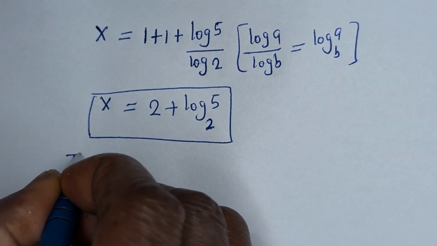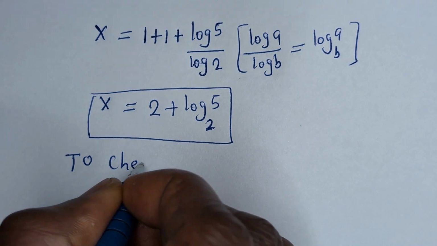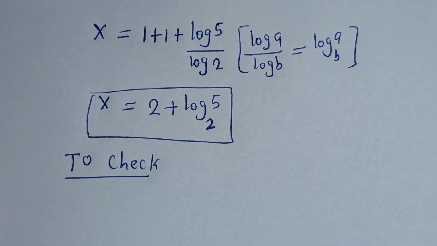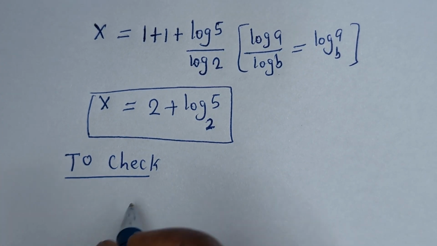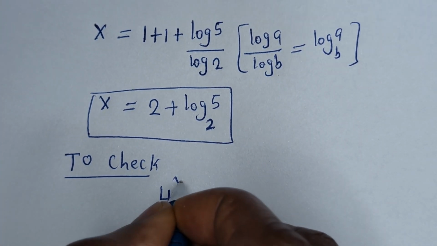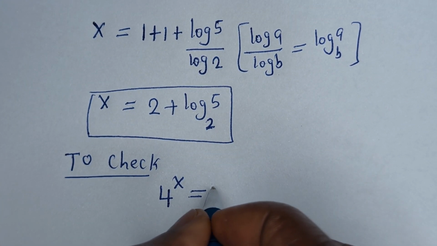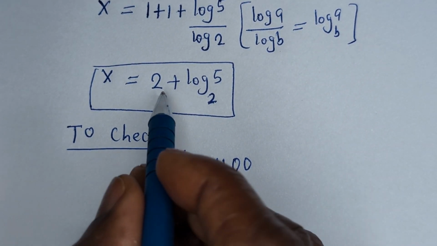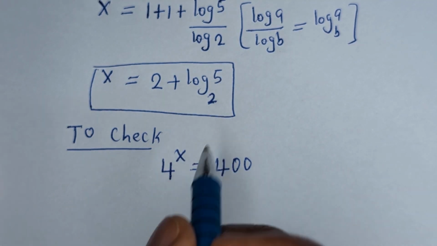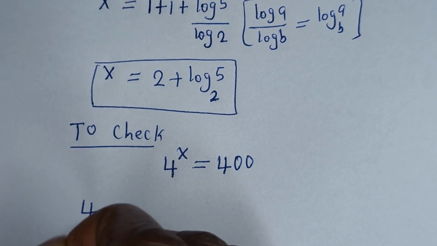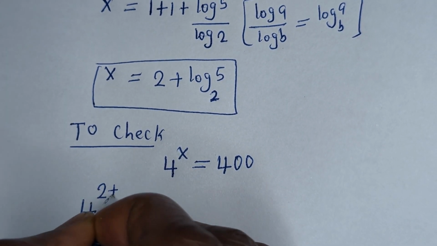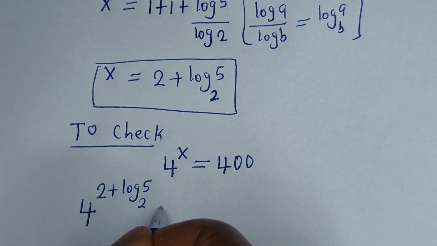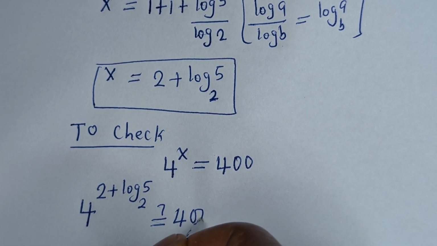To check, we have the given equation 4 raised to power x is equal to 400. Then when x is 2 plus log 5 base 2, here is 4 raised to power 2 plus log 5 base 2 must be equal to 400.